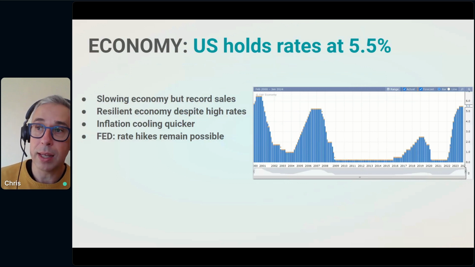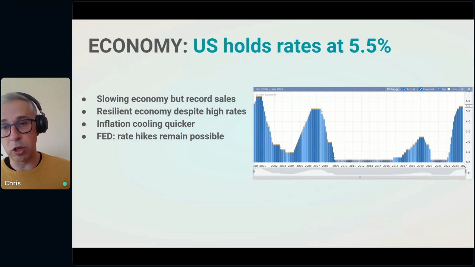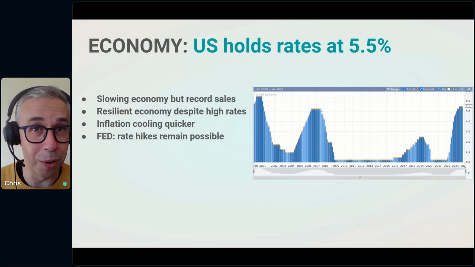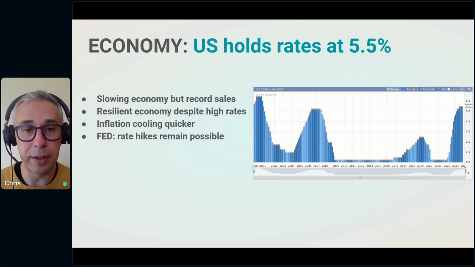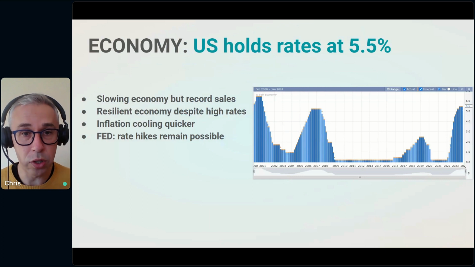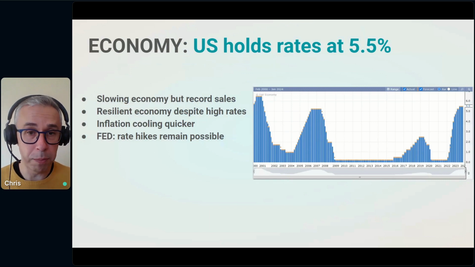Maybe it's not as strong as it was a few months ago, but it could be worse, right? It could be that the economy under conditions with such high interest rates might slow down even more. So yes, it's slowing, but still resilient. It's not that bad, perhaps, as it could be, despite those higher rates.